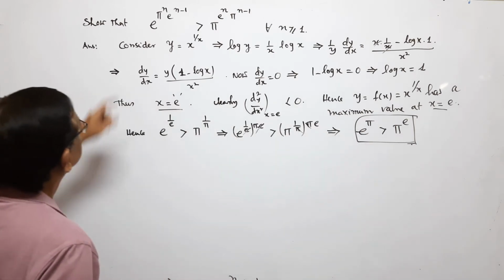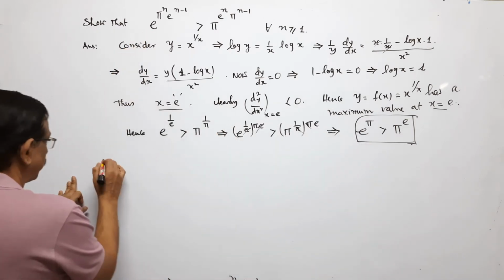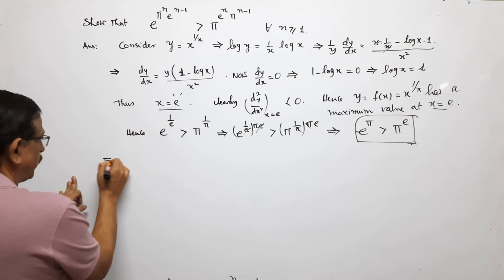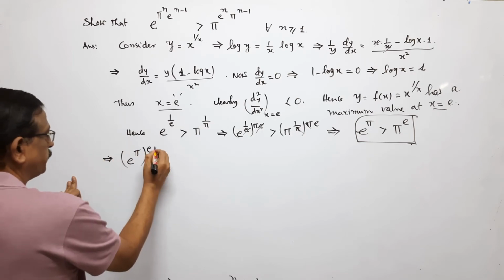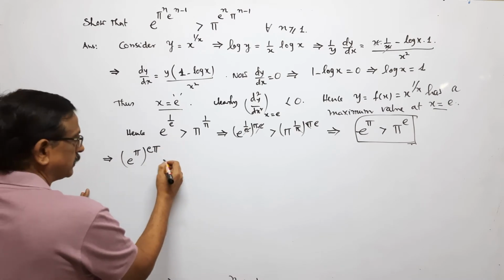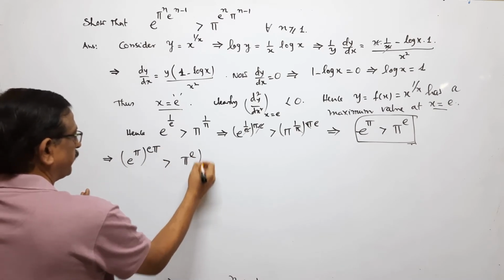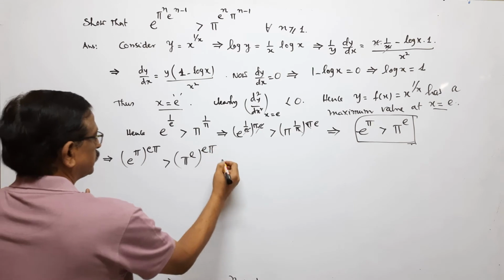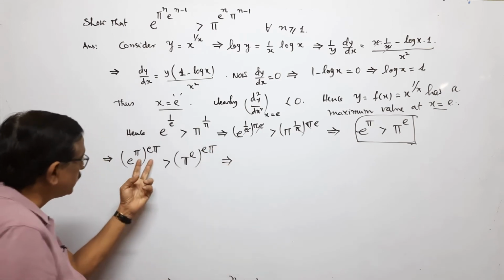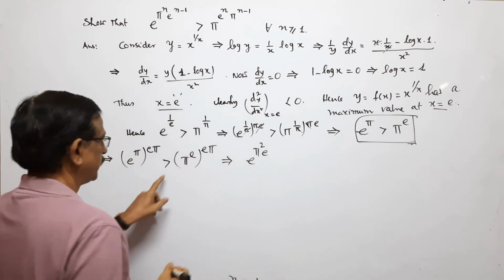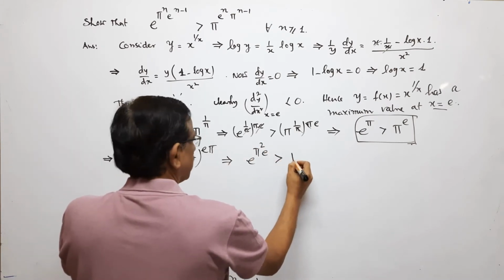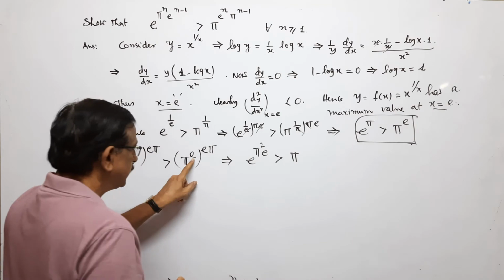Now I want to raise it once more to the power e pi, or pi e. So this gives me e power pi square e is greater than pi power e square pi.